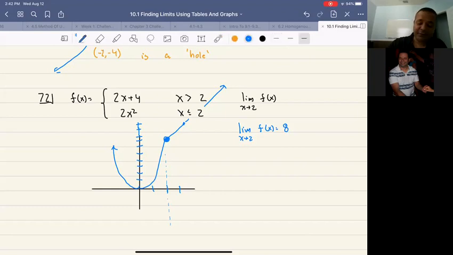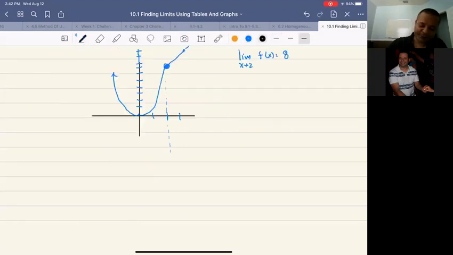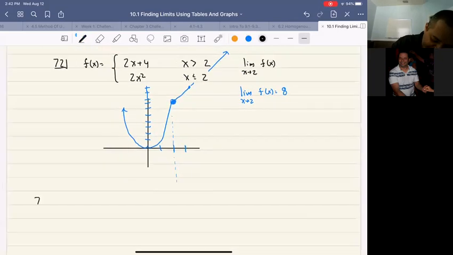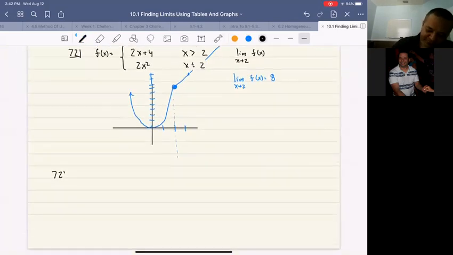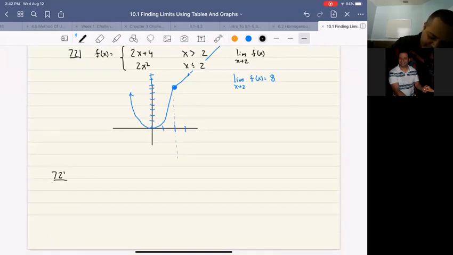Let's do one very similar. Let's call it 72 prime. Okay. And let's take f of x equals, instead of 2x plus 4, let's take x plus 4 if x is bigger than 2.